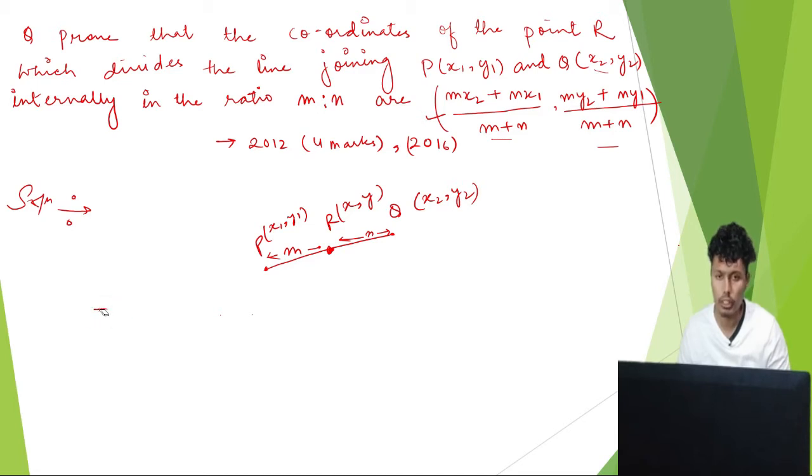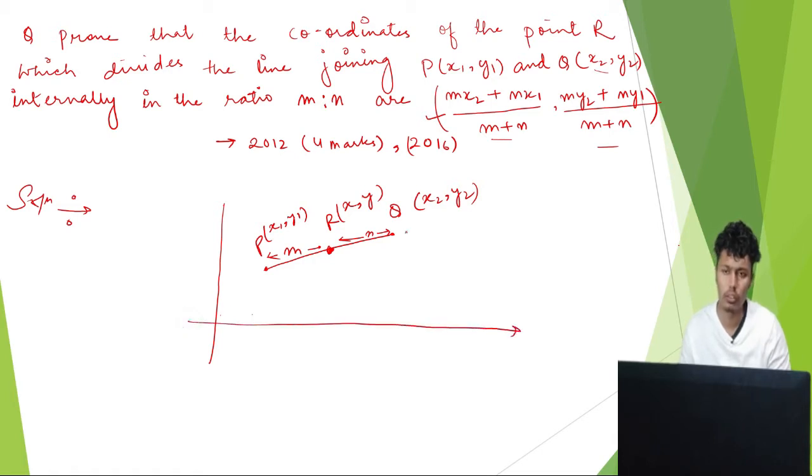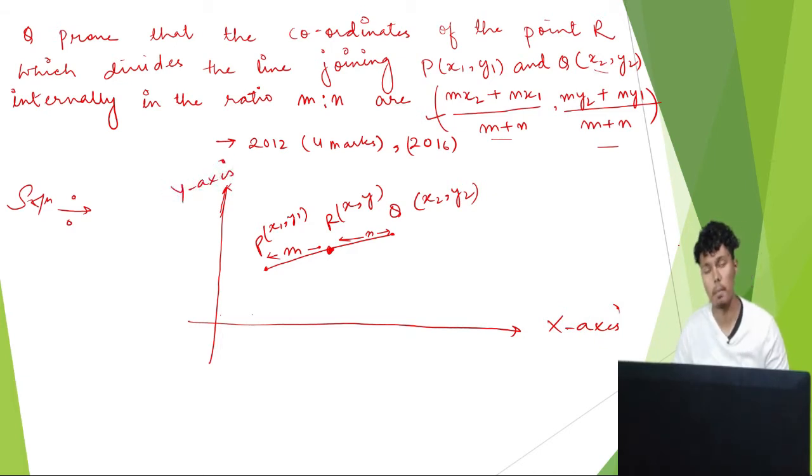So let us draw a graph. Let us draw x-axis and y-axis here. This is the x-axis and this is the y-axis. Now let us join this one to the ground, to the x-axis.